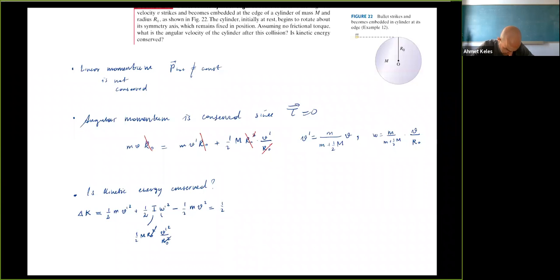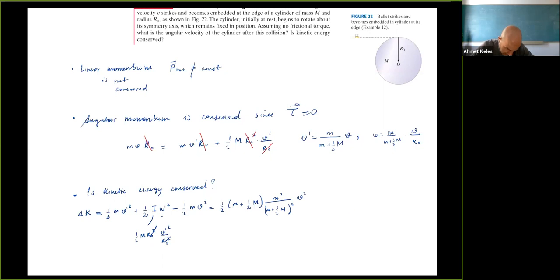So the thing will be 1/2 m plus 1/2 m times v prime squared, but v prime squared is equal to what we found here: m squared over m plus 1/2 m, squared, times v squared.